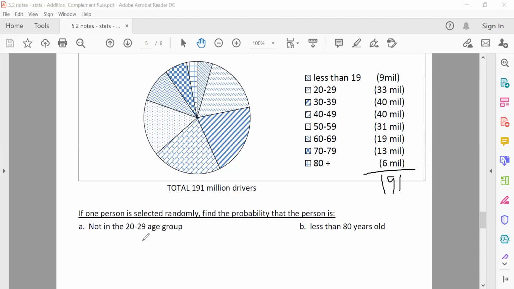Now, if I want to find the probability that they're not in the 20 to 29 age group, I could add up the less than 19, then add up all of these. But that's kind of a pain. Another thing I could do is just do 1 minus the probability that they are in the 20 to 29 age group, which would be 33 over 191.